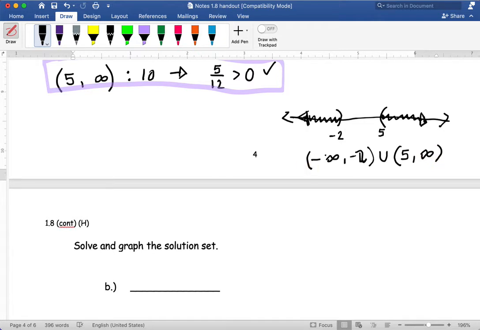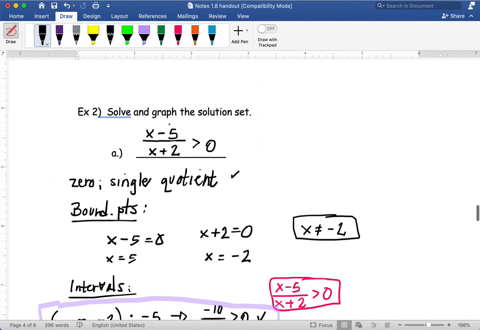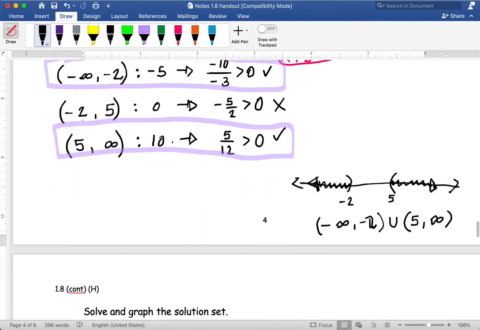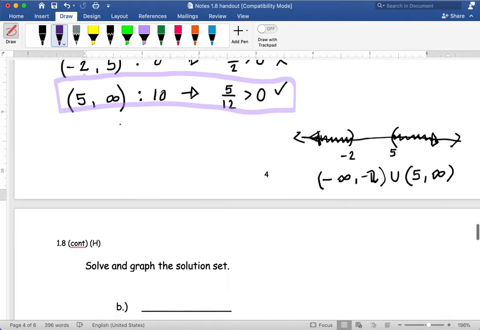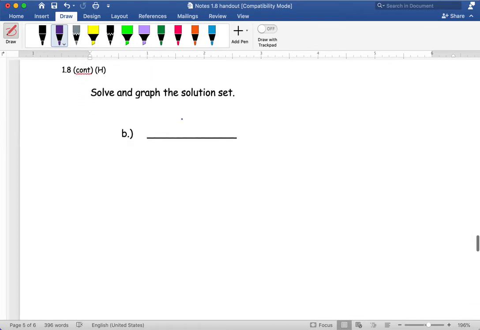A little bit long, but not terrible. It's a different way of getting your boundary points because you have to get them from the numerator and the denominator. Now we're going to do an example of one where you have to actually get the single fraction. That's our next example. All right, so let me go back to purple, I guess. Solve and graph the solution set.